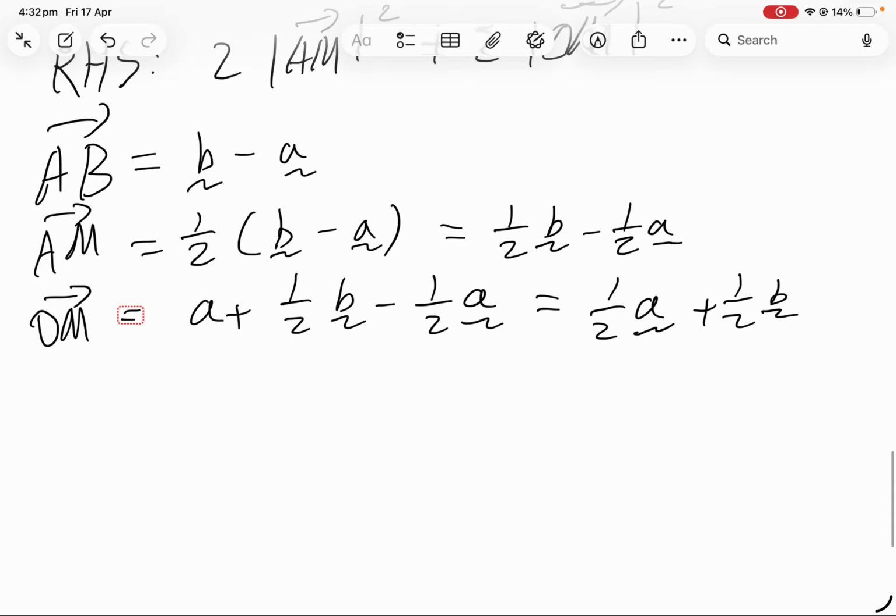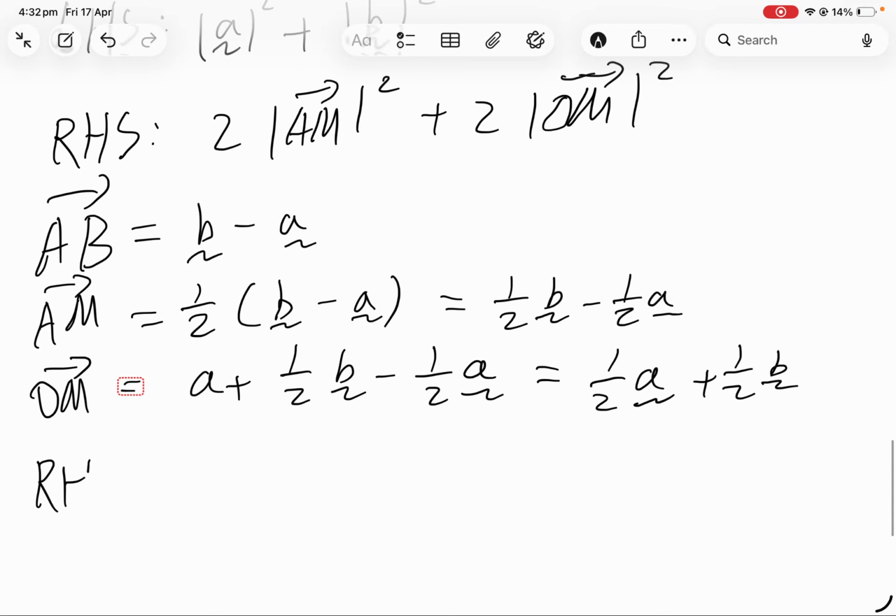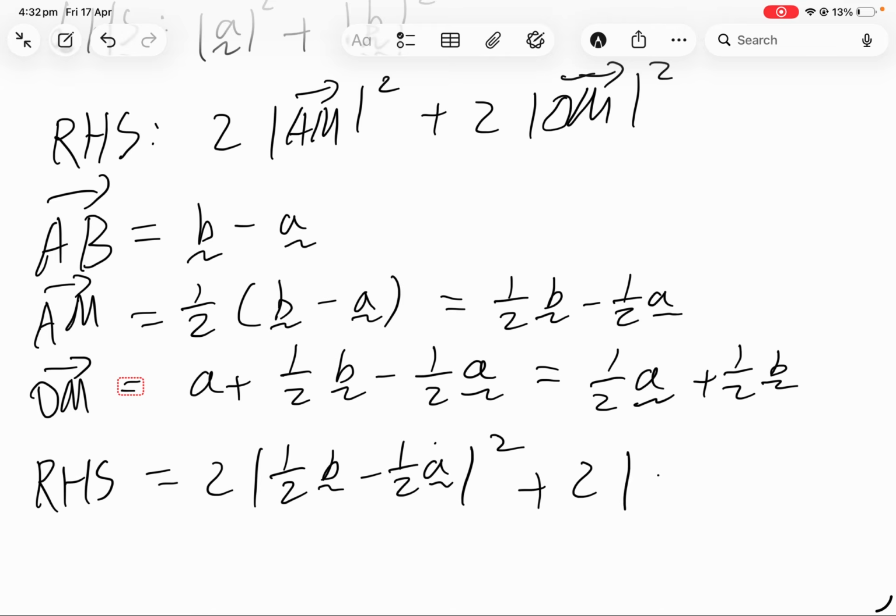So bring it back into the equation. The right hand side will now be 2AM squared plus 2OM squared, with half a, half b.